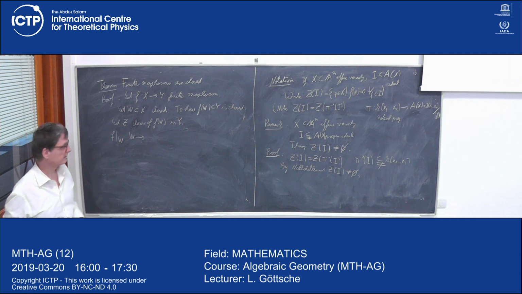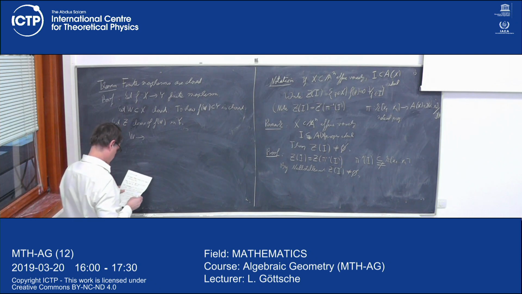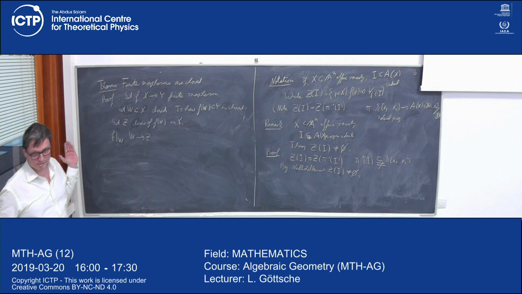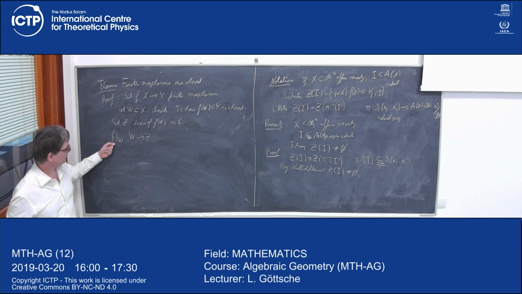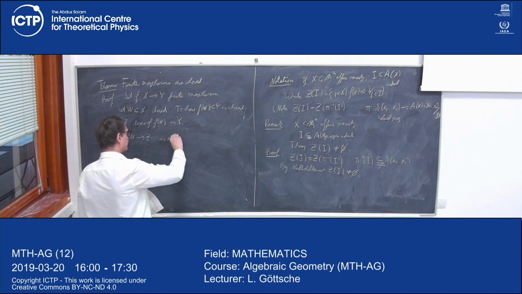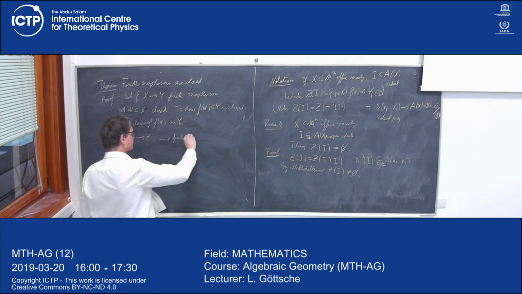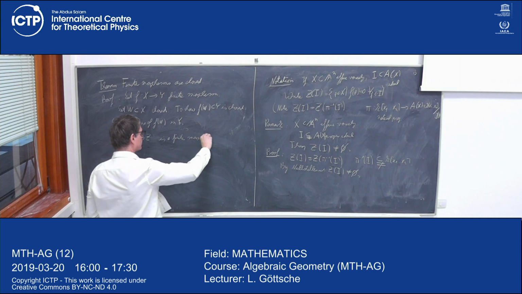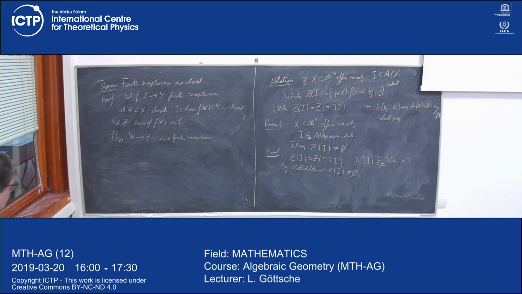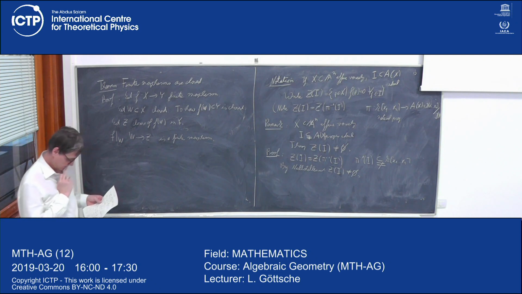And this, according to what we said, is a finite morphism, because we have first the inclusion of W into X, which is a finite morphism. You can check it.